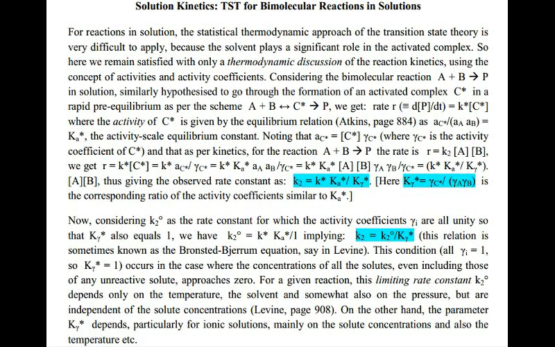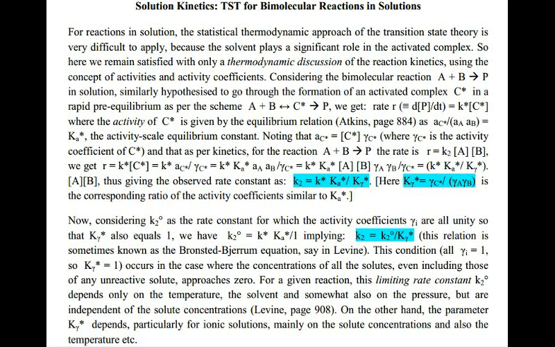This equals the unimolecular rate constant k star into the thermodynamic equilibrium constant Ka star divided by K gamma star, into concentration of A into concentration of B.